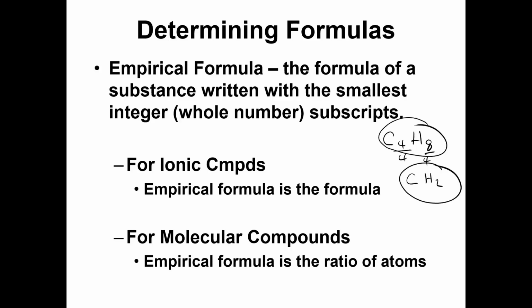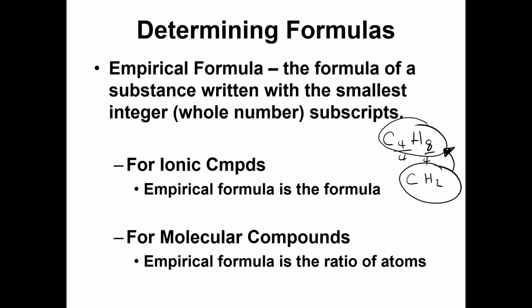If you're doing a percent composition, you are doing it for the empirical formula, and you're going to need a little more information to go from the empirical formula to the actual formula. So you're going to need to know the actual mass of this compound, or you cannot do it, right?